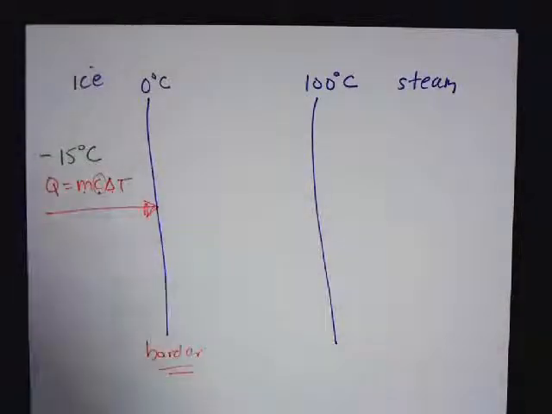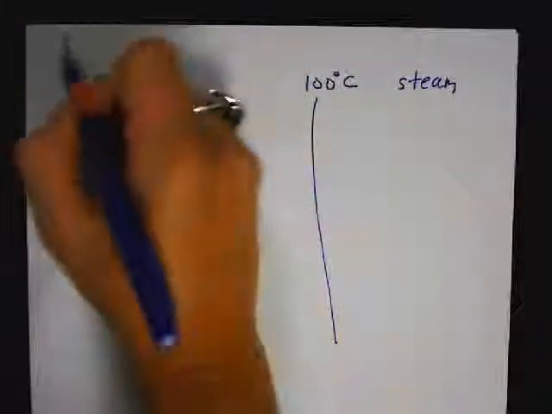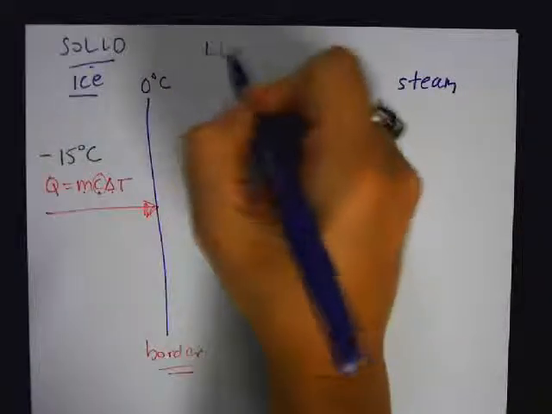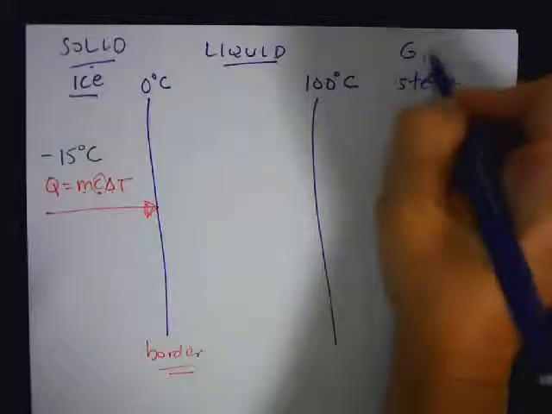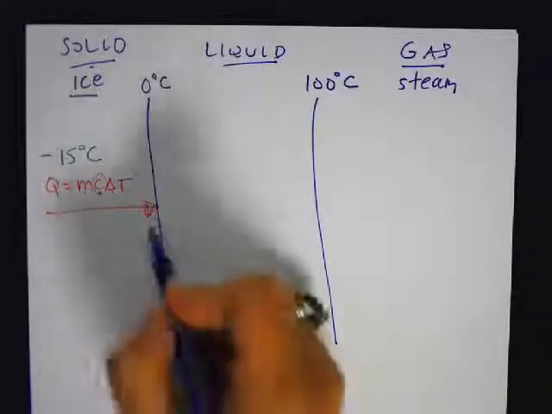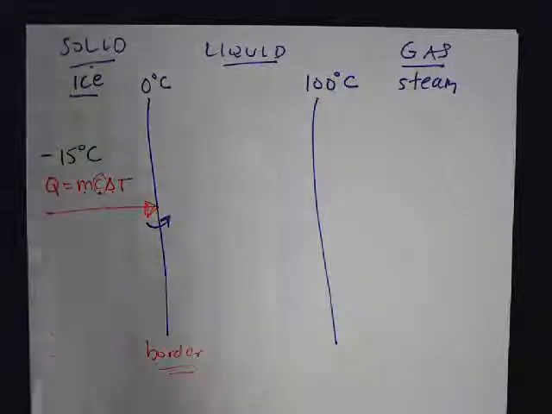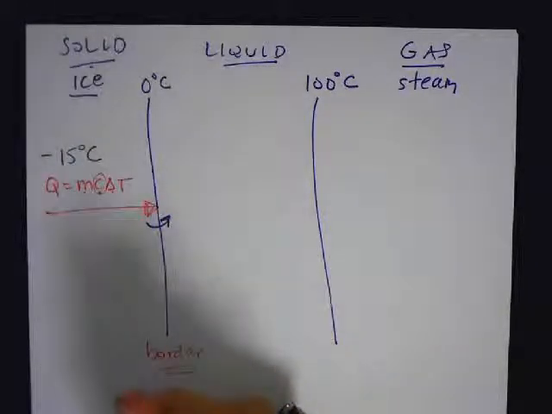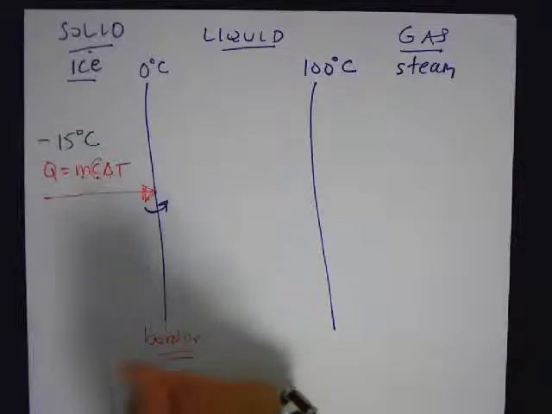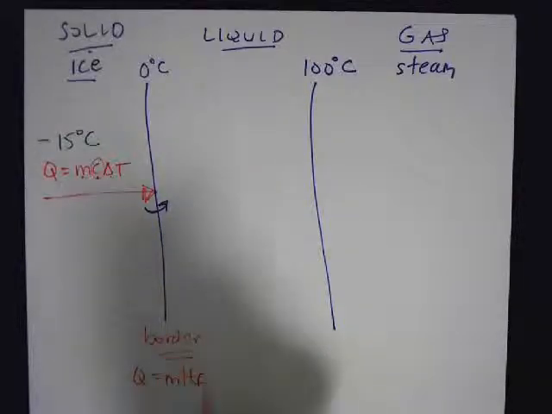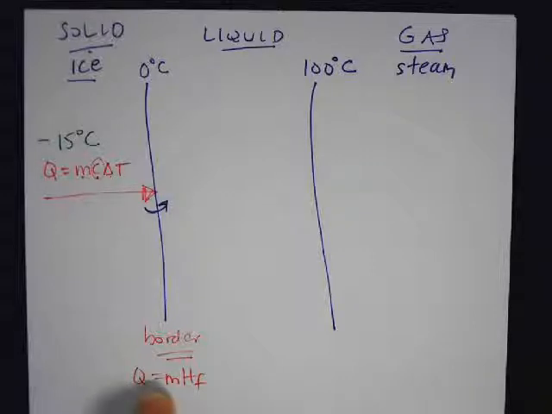Remember, this is a solid, this is a liquid, and this is a gas. In order to cross this borderline, it takes energy. So even though I'm at 0 degrees Celsius, it takes energy to change just state. In order to change this state, I'm going to use the equation Q is equal to mHf. So this amount of heat is equal to mass times the heat of fusion.